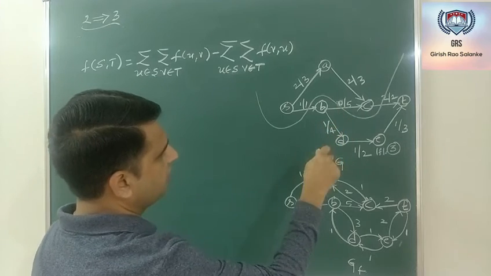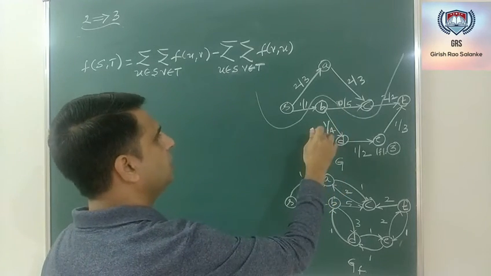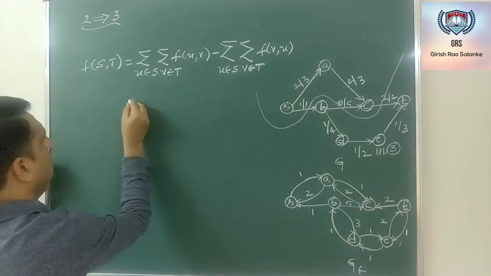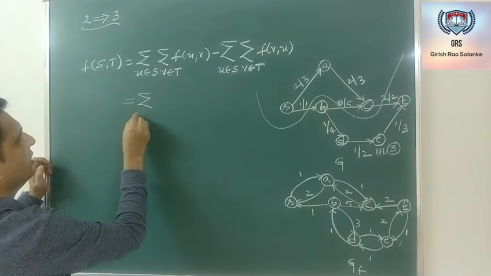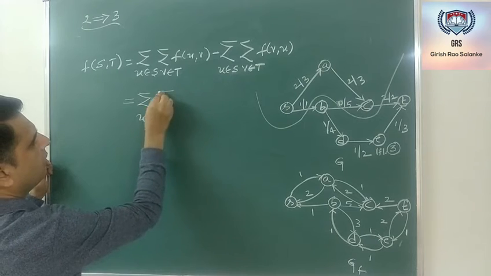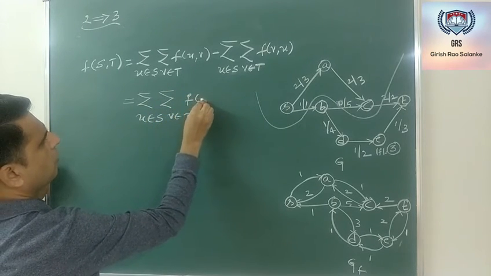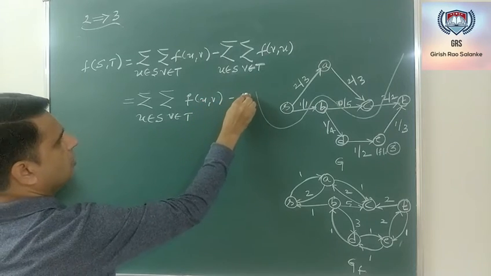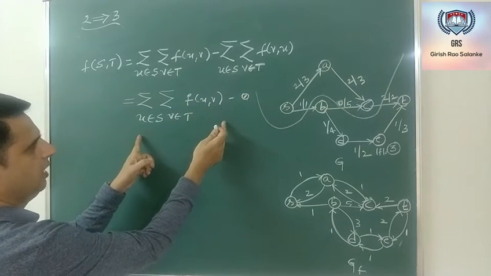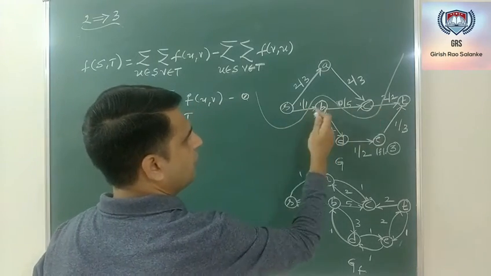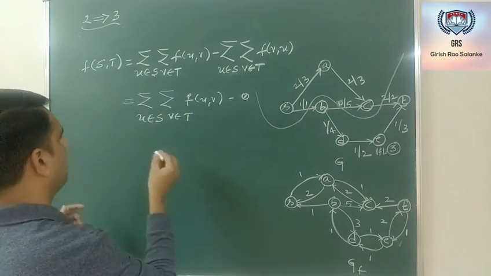And wherever there is an edge from T to S, its flow is 0. So this particular part is 0, and I will retain the rest as it is: U belongs to S and V belongs to T, flow of U comma V minus 0. I repeat once again, the flow is equal to capacity. These two edges, if you have noted, have flow equal to capacity.